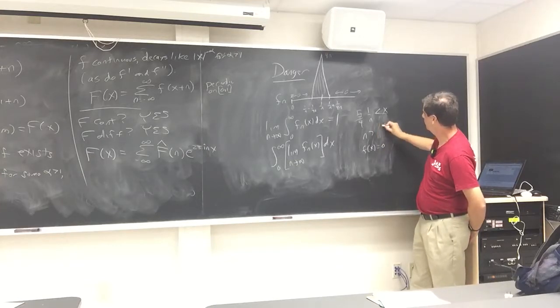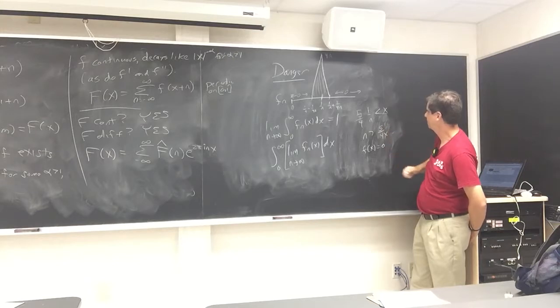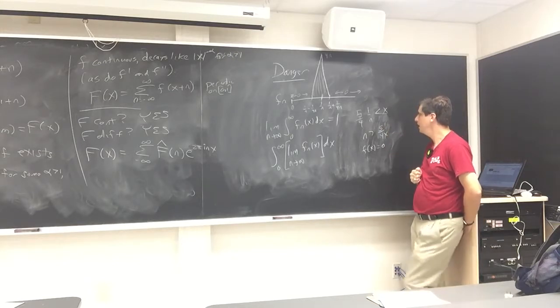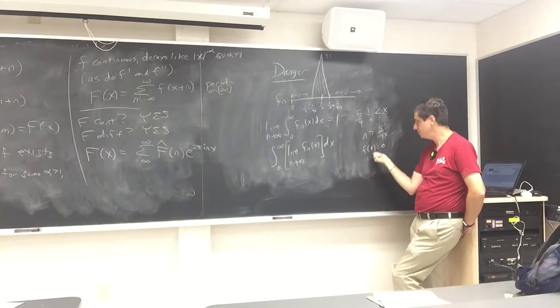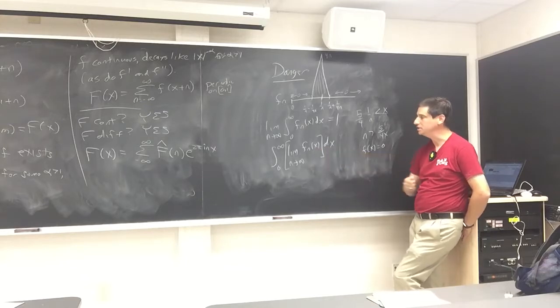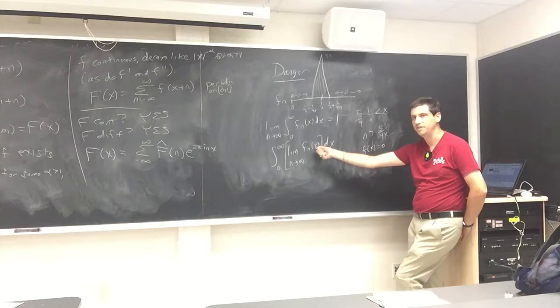You give me any value of x, and once I choose n sufficiently large, the value of my function at x is 0. So if I look at the pointwise limit, what do I get? What's this limit at every value of x?